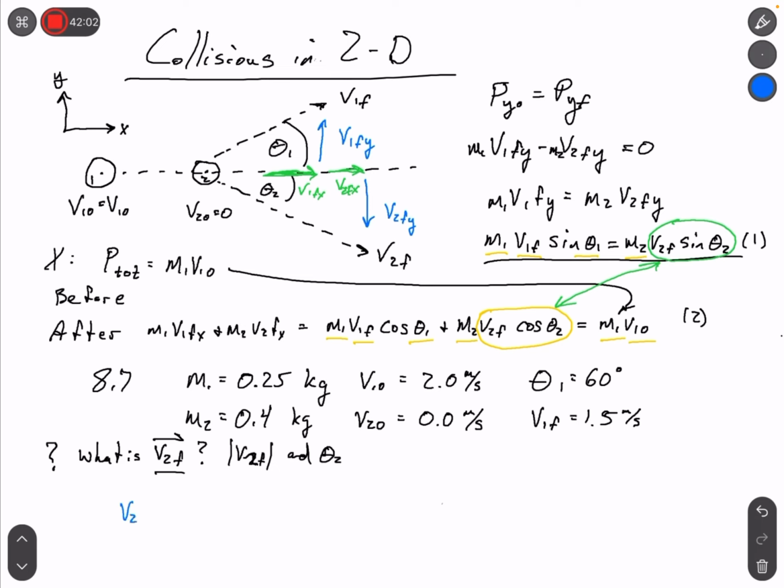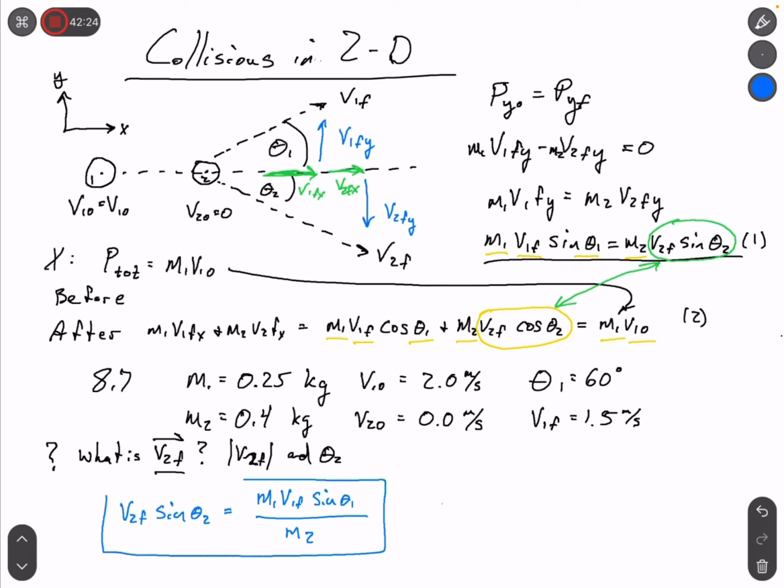So V2 final sine of theta 2 is going to equal M1 V1 final sine of theta 1 divided by M2. Okay, that was equation number 1. That one's easy. Okay, so we've got one equation.